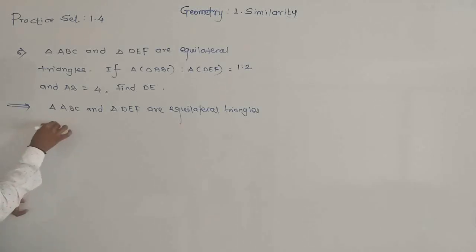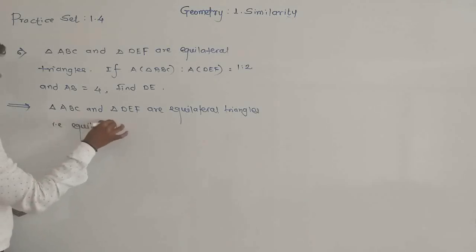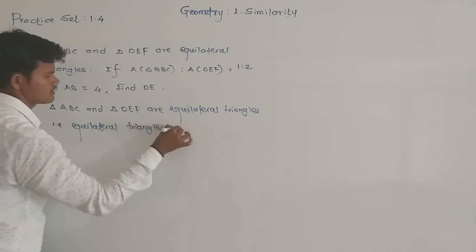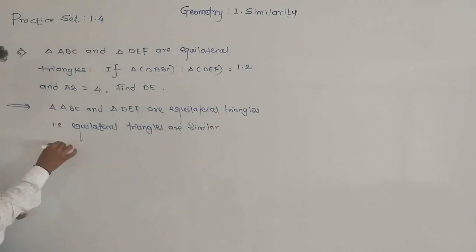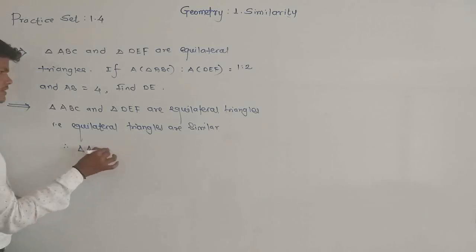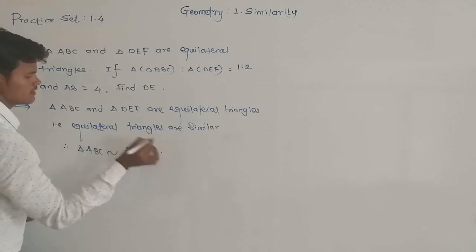That means equilateral triangles are similar, so we get triangle ABC similar to triangle DEF.